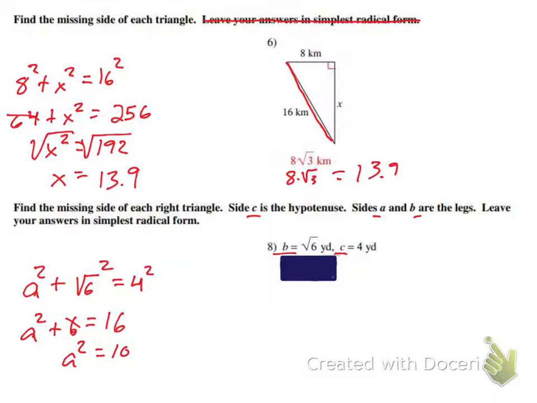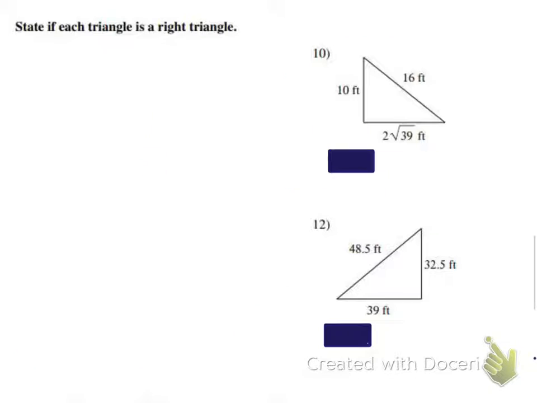And then I just take the square root of 10. And I get 3.2. So again, this one's going to be in its simplest radical form, but that's radical 10. That's what we did in this stage right here. So it is the same answer.